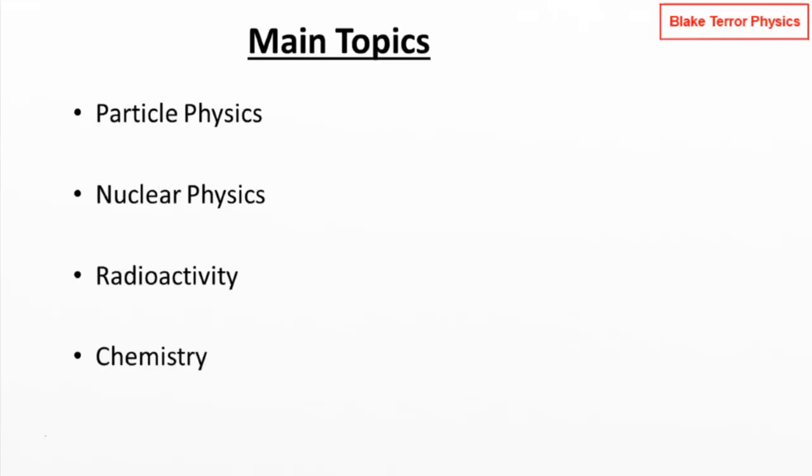Okay, so here are our four main topics that we're going to be looking at inside this section on the structure of matter. We're going to start with particle physics. This is where we're looking at the fundamental particles that constitute all matter. By fundamental, I mean these are the smallest bits that you can break matter down into, and there's a surprisingly small number of these considering the variety of stuff that we see in the world.